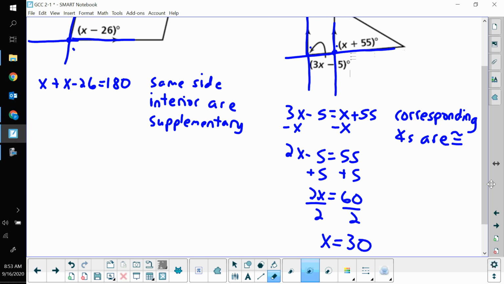Now I'm just recognizing we never solved the other one next to it on A, so let's go back and we'll solve that. On the left we can combine like terms. Then we can add the 26 over. And we'll get 2x equals 206.